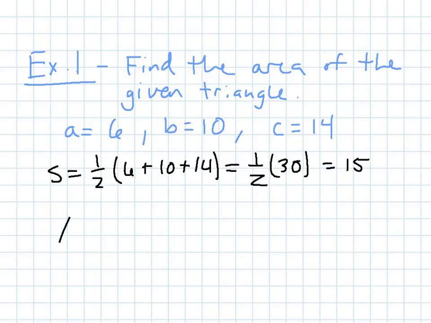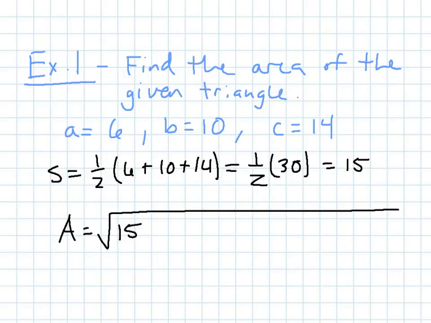So now, when I want to find the area, I need to take 15 times 15 minus each side. So 15 minus 6, 15 minus 10, and 15 minus 14.